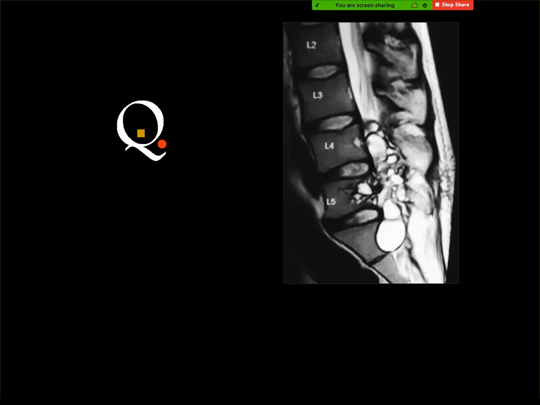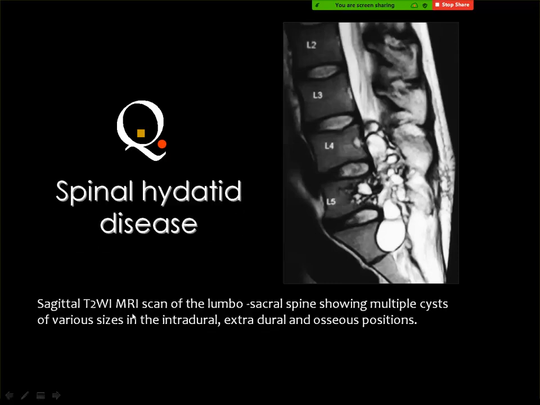CSF collection. What do you mean by CSF collection? Very good. Yes, this is hydatid disease of the spine. You remember, I mentioned many times that the diagnosis of hydatid depends on the detection of a vertebral cystic lesion associated with intraspinal or paravertebral multiple cystic lesions.